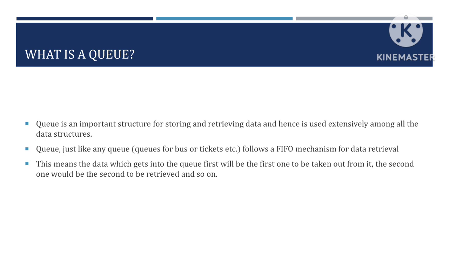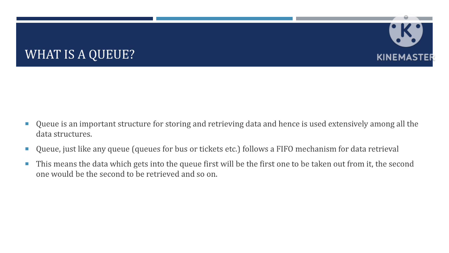Queue is just like any queue, like we make a queue to buy a bus ticket or a film ticket, or sometimes to take food from KFC. That is what we call a queue. So basically queue follows the FIFO mechanism. FIFO means first in first out.